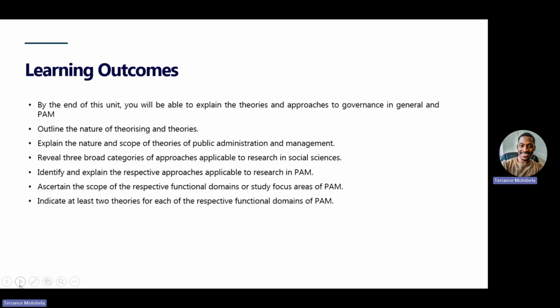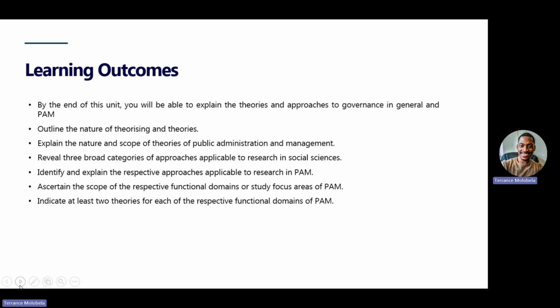At least reveal 3 broad categories of approaches applicable to research in social sciences, as well as identify and explain the respective approaches applicable to public administration and management. There are a lot of them, but you will see as you go through your materials which ones are more commonly used in public administration.